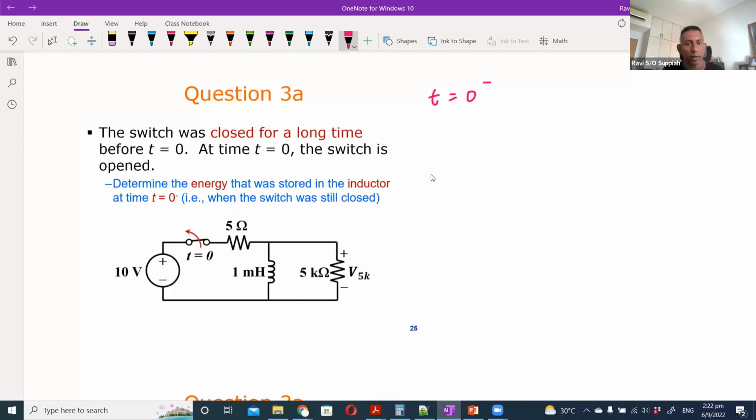If it's closed for a long time, then what happens? That means this inductor behaves as a short circuit, because at steady state the inductor is a short circuit. Your circuit is now reduced to just the 5 ohm and this.